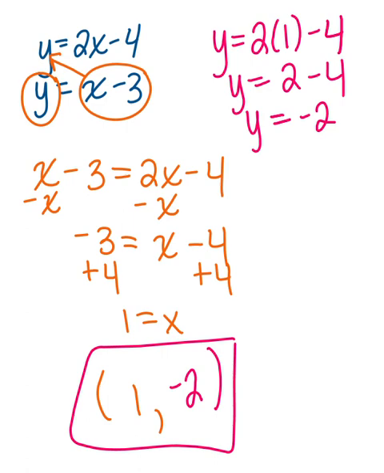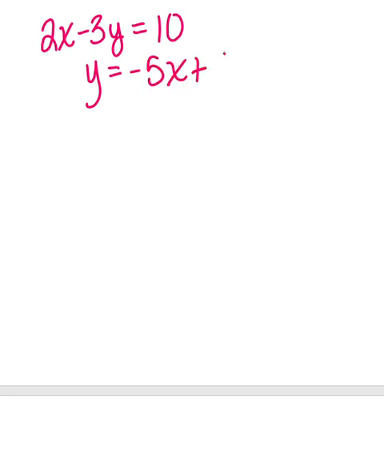Let's look at another example. Let's look at an example if I had 2x minus 3y equaling 10 and y equals negative 5x plus 8. Now my first equation is not solved for y or x. It's in what we call standard form. Now my second equation is solved for y.